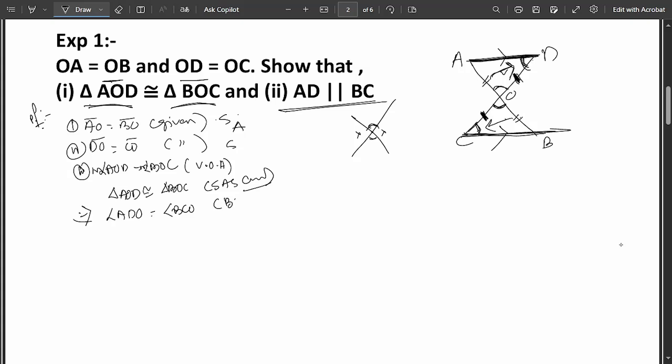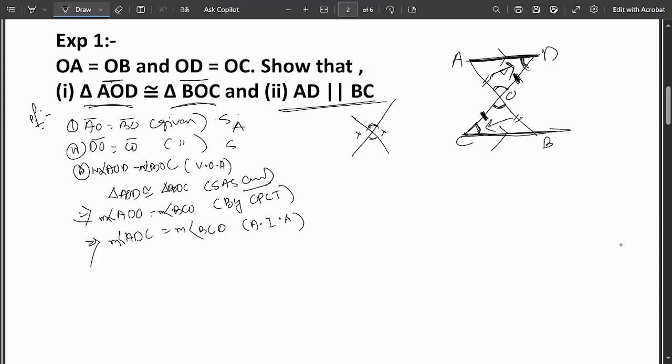This is by CPCT, corresponding parts of congruent triangles. ADO can also be written as ADC, and BCO can also be written as BCD, which are alternate interior angles.